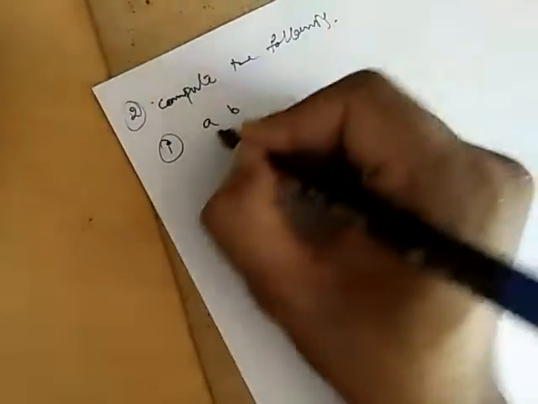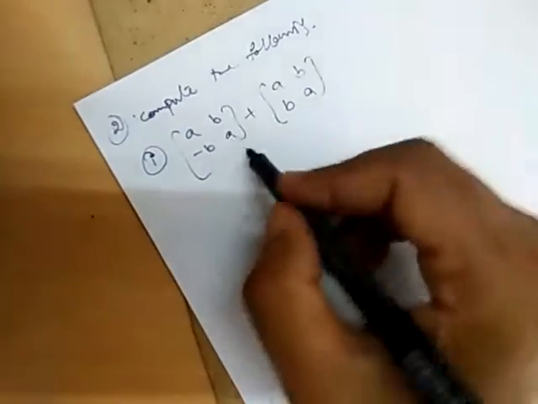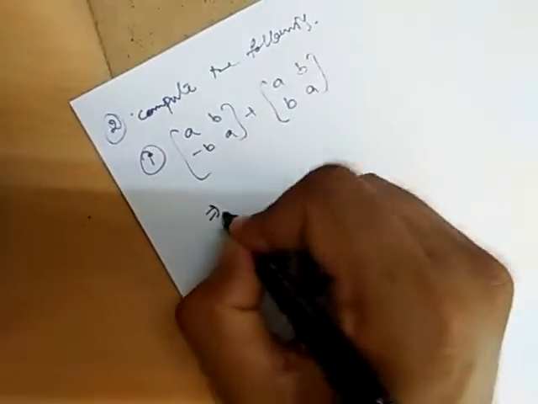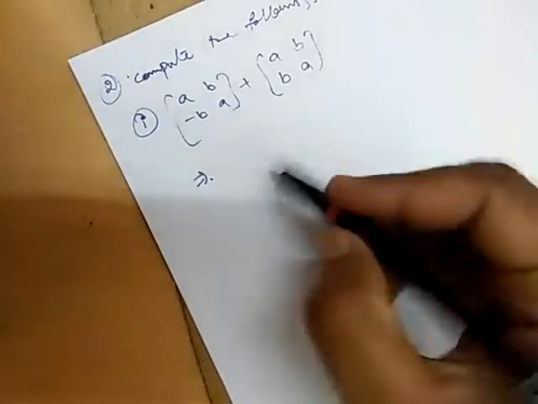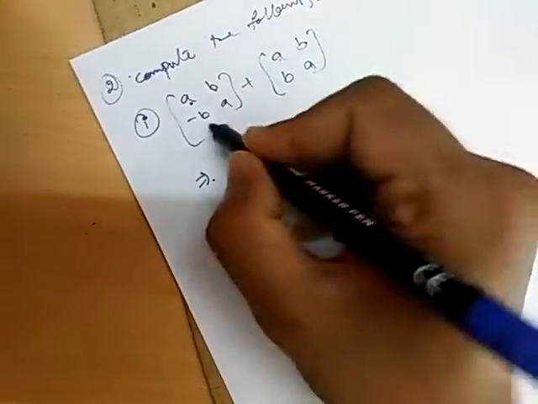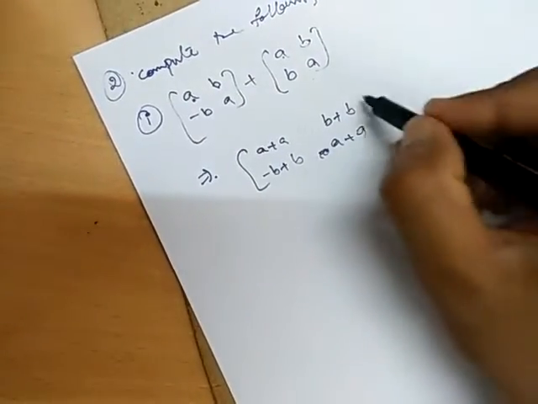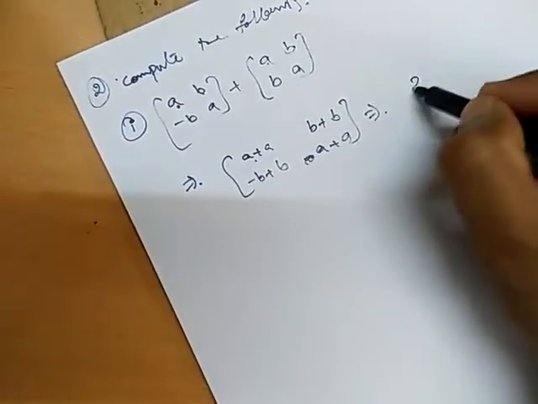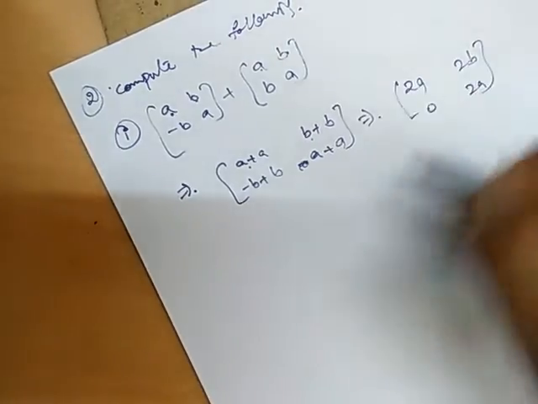First one: AB minus BA plus AB plus BA. Here the matrices are of order 2 by 2, so we can add those two matrices because the order is equal. Simple: A plus A, B plus B, corresponding elements, minus B plus B, A plus A. That gives A plus A, 2A, B plus B, 2B, B minus B, 0, 2A. This is the answer for the first one.